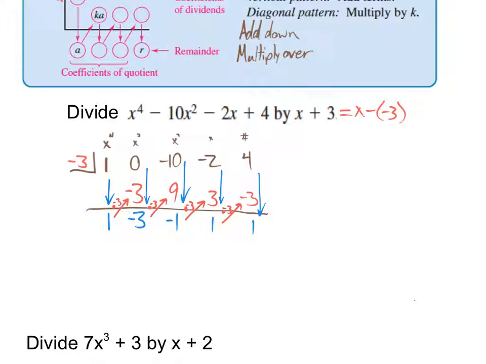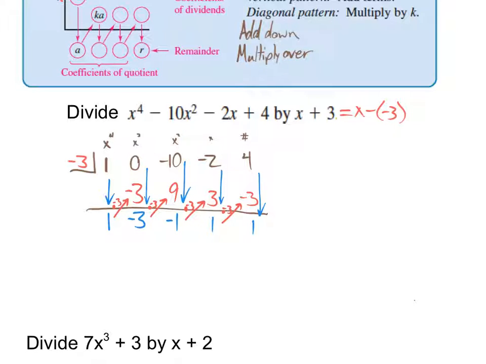Notice on all of these, I had an x to the fourth. I'm dividing by an x. So my highest power ought to end up being what? X cubed. It should be x cubed. So notice all the powers down here at the bottom are going to be 1 less. These are the coefficients of the terms that have a power that is 1 less than what you started with in that column.